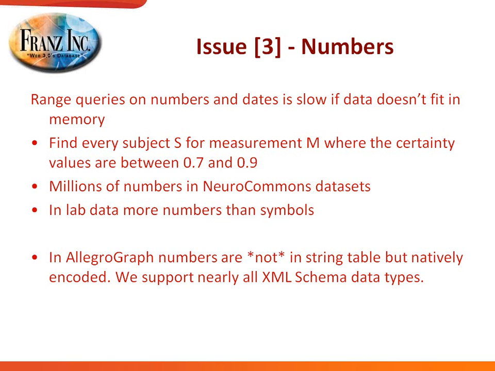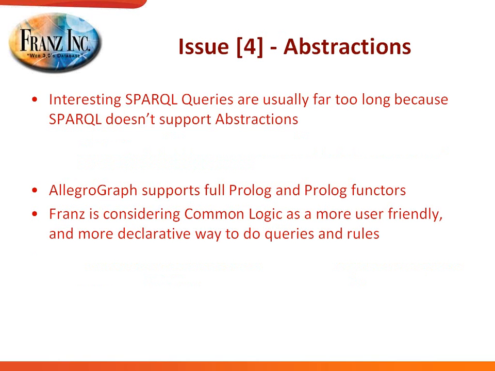If you look at most Sparkle queries, you will see that they're really, really long because Sparkle doesn't have a facility to make rules. Actually, Top Quadrant is working on a Sparkle rule system. Some others are too.